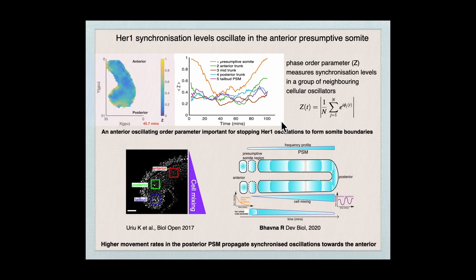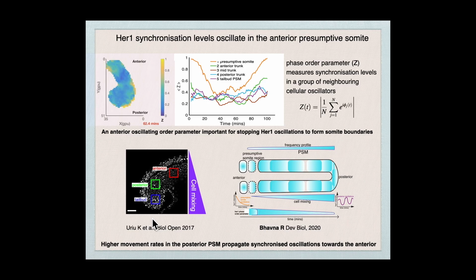We conclude from these analyses that this anterior oscillating order parameter could be important for stopping the HER1 oscillations to form the boundaries, and that the higher movement rates in the posterior PSM could actually be useful for propagating synchronized oscillations towards the anterior.